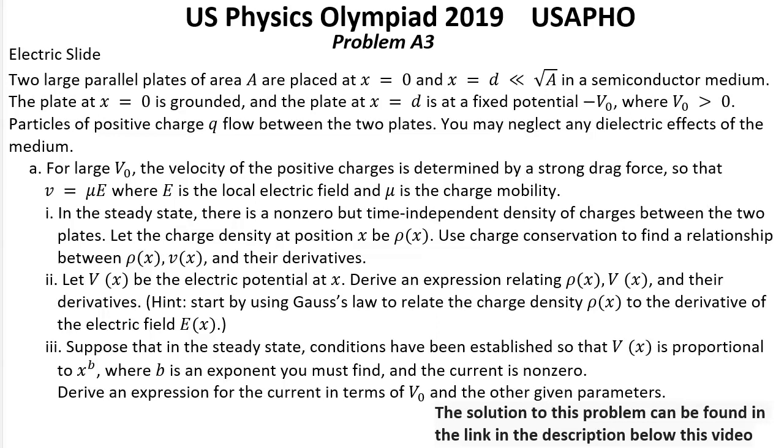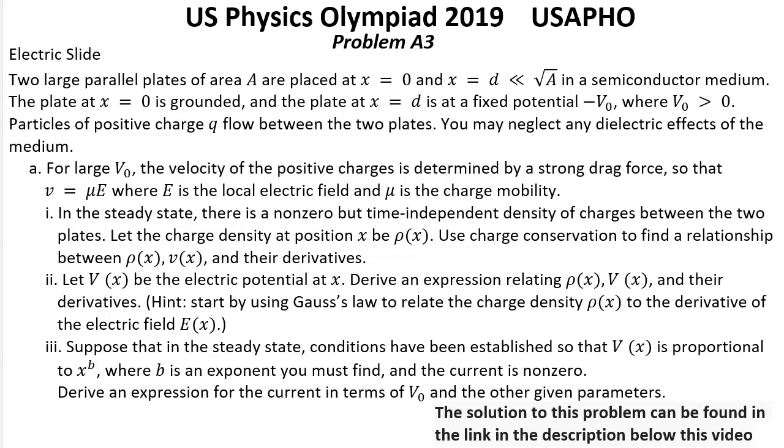Part A. For large V0, the velocity of the positive charges is determined by a strong drag force, so that v equals mu E, where E is the local electric field and mu is the charge mobility. Question 1.